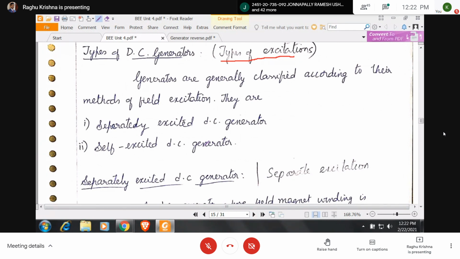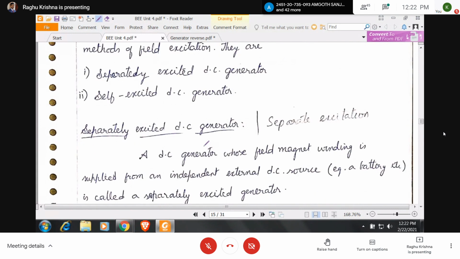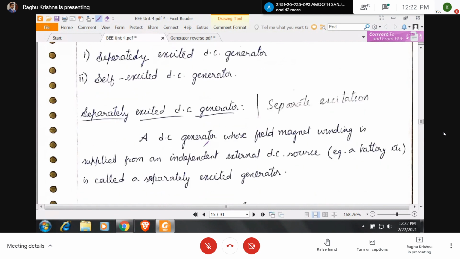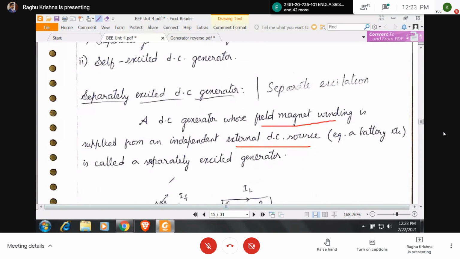So what is meant by a separately excited DC generator? Here separate excitation is provided for the field winding. A DC generator whose field magnet winding is supplied from an independent external DC source, for example a battery, is called a separately excited generator.